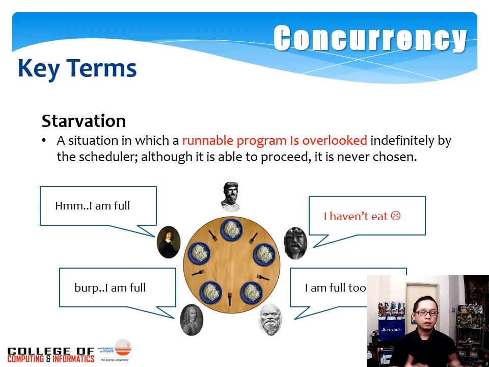And eventually, this leads to the condition of starvation, where the process doesn't get the resources that it wants and it doesn't finish. So the program just hangs and doesn't execute.